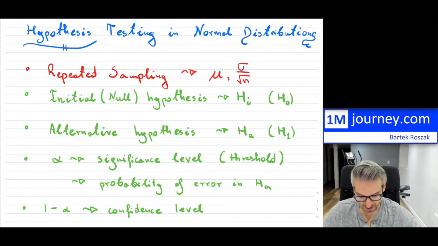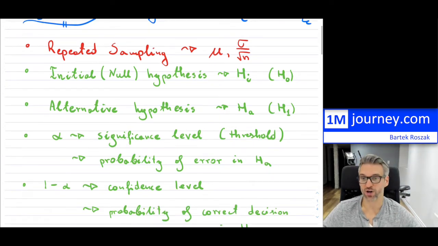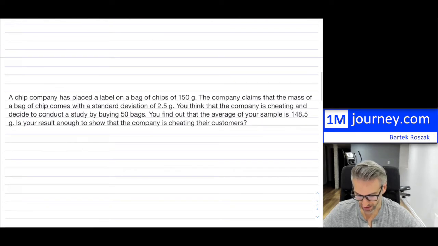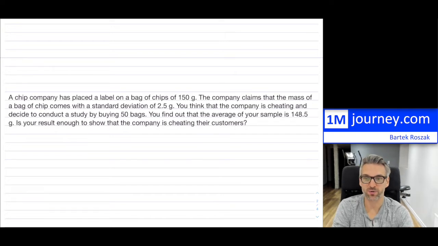So for instance, before I get into this jargon, if somebody gave you an example like this: let's say a chip company has placed a label on a bag of chips of 150 grams, so that we have 150 grams in each bag. The company claims that the mass of a bag comes with a standard deviation of 2.5 grams.